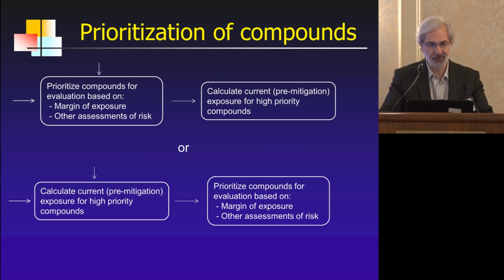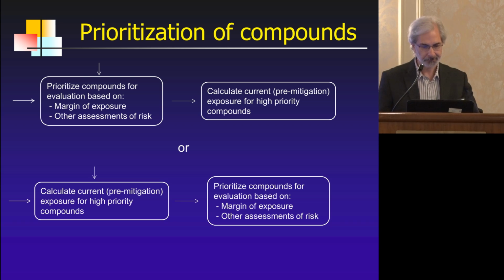The question is, where do you get the exposure data and when do you get it? So an alternative is to calculate the exposure for high priority compounds based on hazard-based cutoffs and then prioritize the compounds for evaluation based on margin of exposure or other assessment of risk. And that's an open question that people will have to think about.